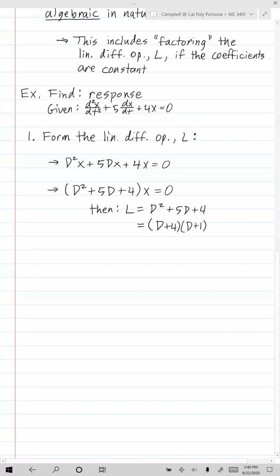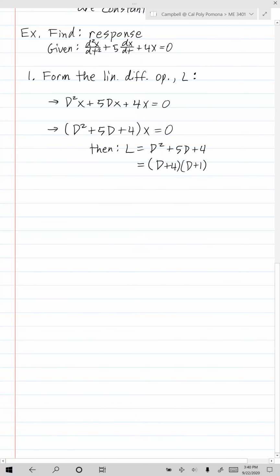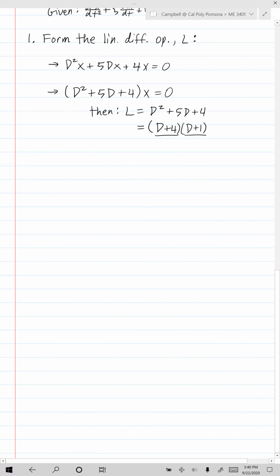We'll go ahead and factor it just like it's some kind of algebraic expression, but I think you'll see that we can interpret these terms now in a very different way in this particular framework.